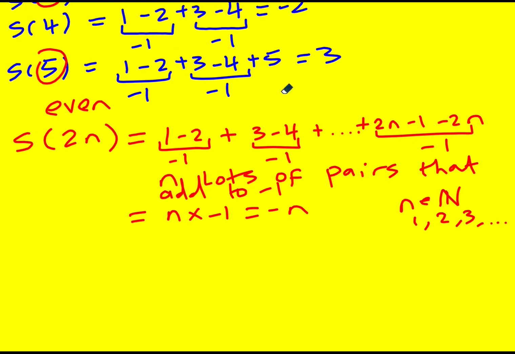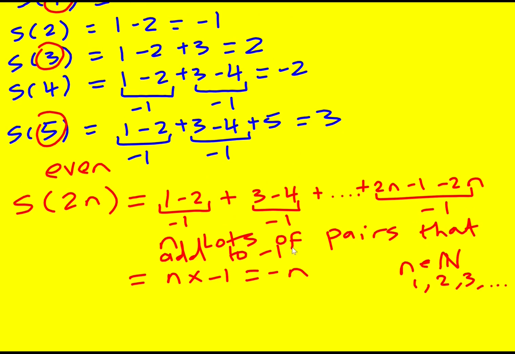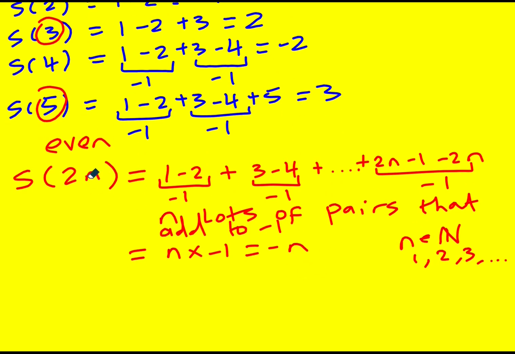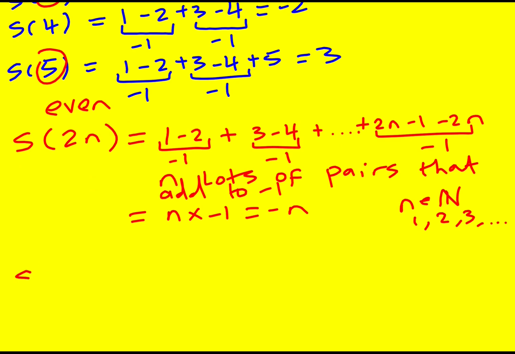Okay, good. So, we can just test it. When n is 2, we get S of 4, and that's going to be minus 2, and that works. So all good.